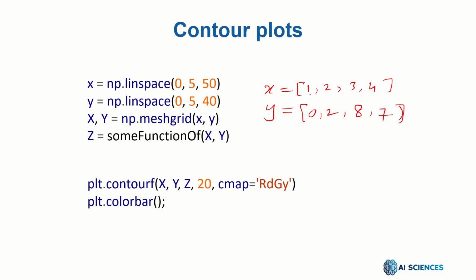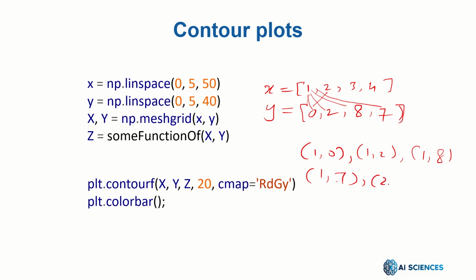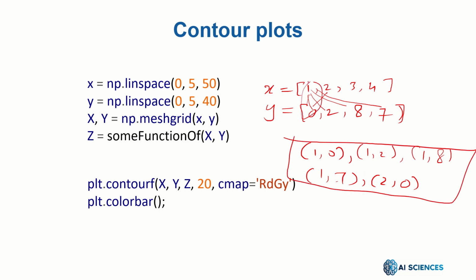Then what mesh grid does is it makes different points: 1 with 0, that's one point in xy space, then 1 with 2, that's another point, 1 with 8, 1 with 7, then 2 with 0. You can think of that as a Cartesian product. It makes a whole grid of these points.